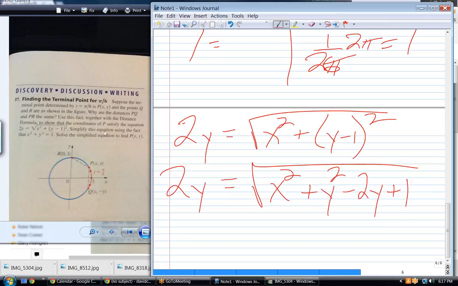Now, simplify the equation using the fact that x squared plus y squared equals 1. And why do we know that? Because it's a unit circle. It's the equation of a circle, yeah. It's a unit circle, so that hypotenuse is 1, which means x squared plus y squared has to equal 1. Okay, so if I substitute 1 for that, I get 1 plus 1. So now inside the thing is 2 minus 2y equals 2y.